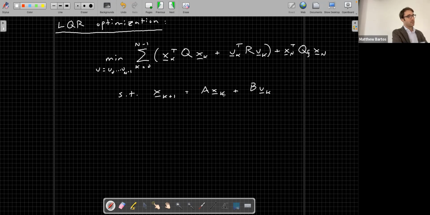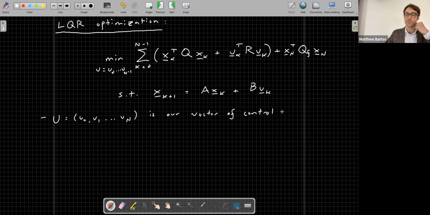And let's just go through each of these terms here. So we have that U is equal to U0, U1, all the way through UN, our vector of control inputs over each time step.